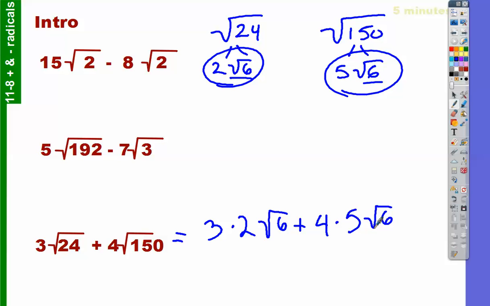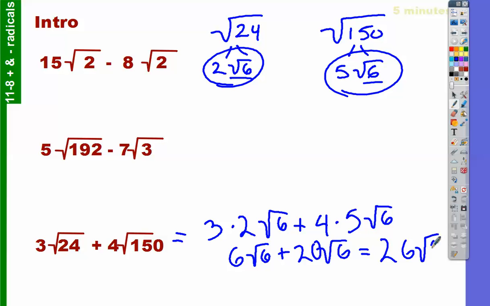What is 2 times 3, or 3 times 2? 6. So we have 6 root 6 plus, what's 4 times 5? 20 root 6. So 6 root 6 plus 20 root 6 is 26 root 6. And there's your answer.